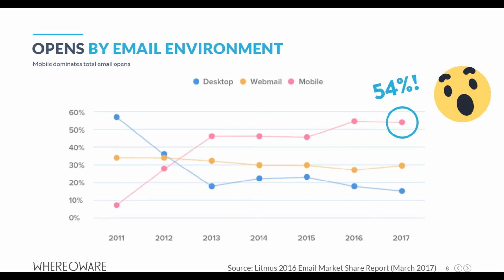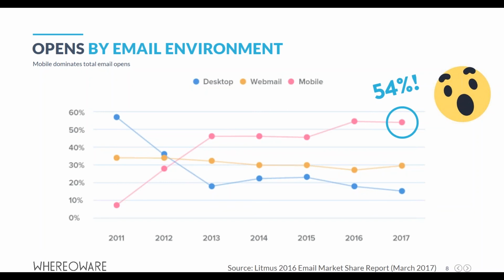Now, I just want to pull up this chart from Litmus, and Litmus has been tracking email opens for a long time. On this chart, they went back for the last 6 years. I just want to point out how opens on mobile devices have changed a lot in those 6 years. Specifically, I want to point out the time period between 2011 and 2013.